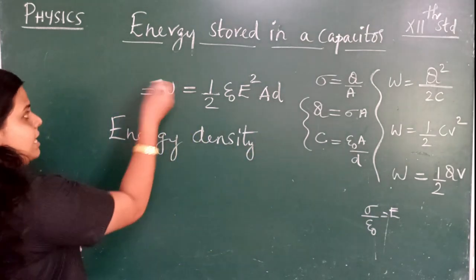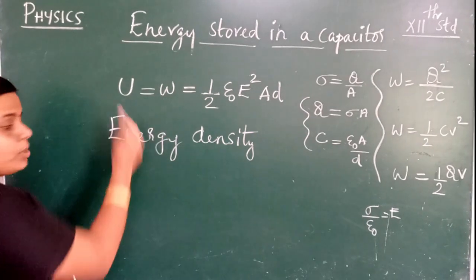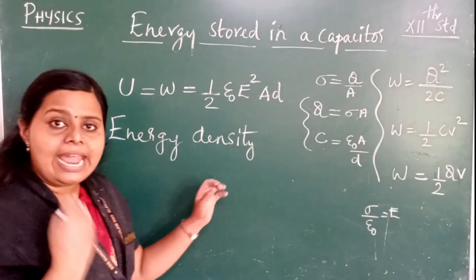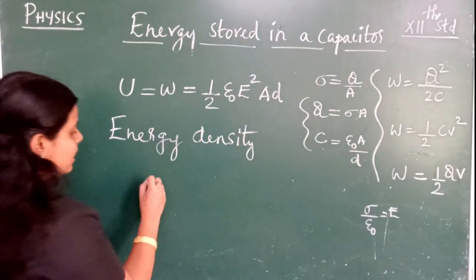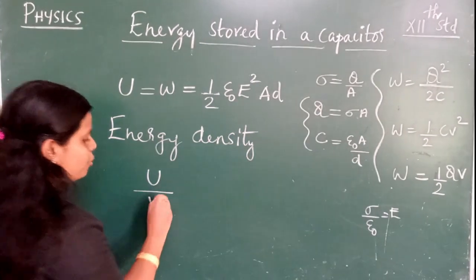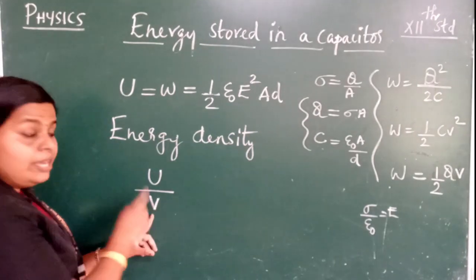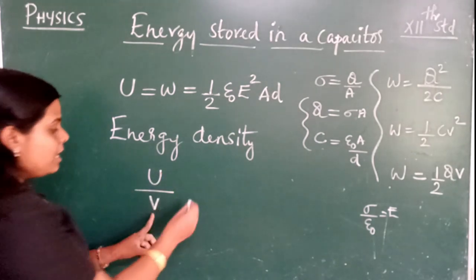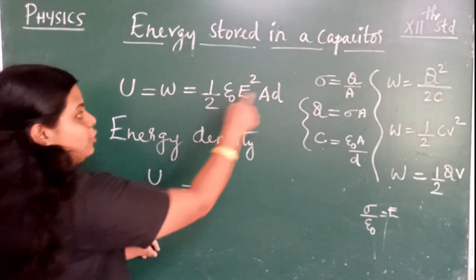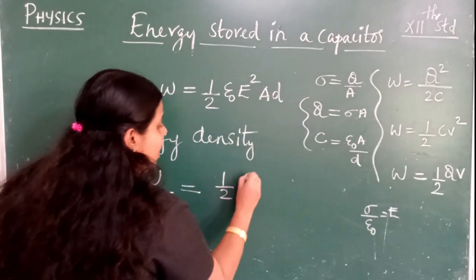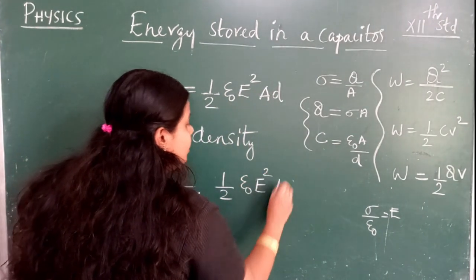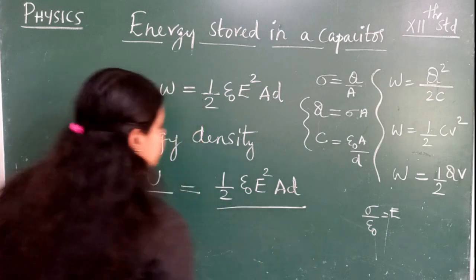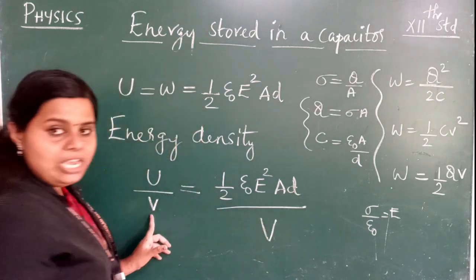So since this is energy, we can write this as U. Now let's write the expression for energy density, that is the energy stored per unit volume. This is volume, not the potential difference. So U by V. What is U? U is half epsilon 0 E square A into D divided by volume V.